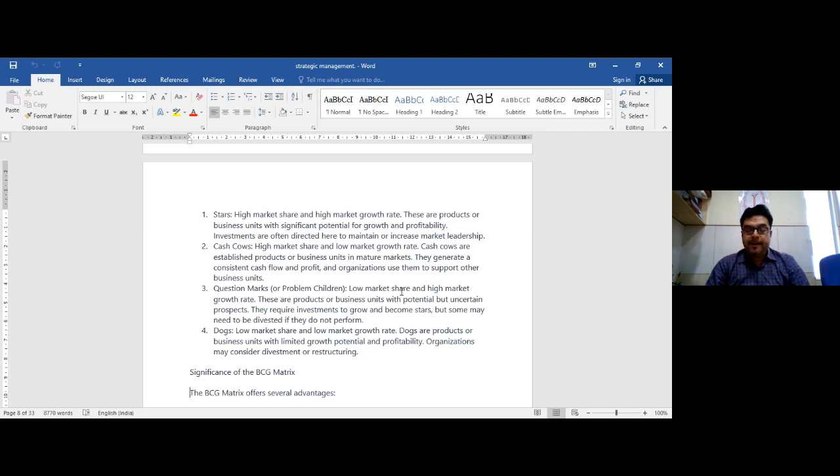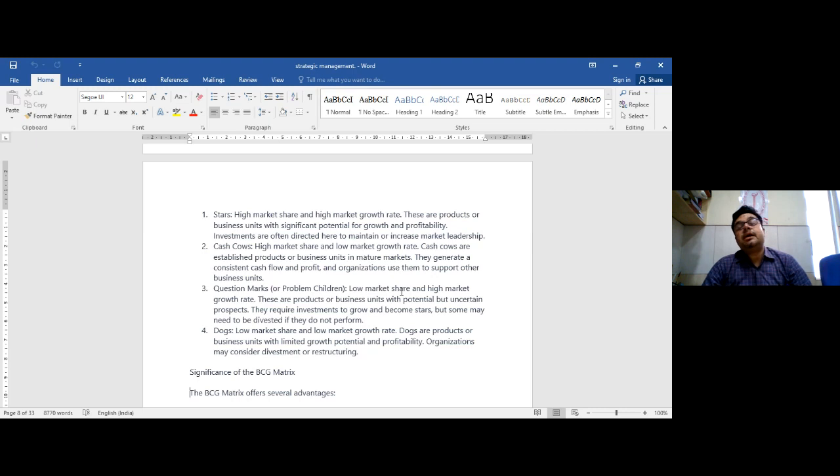What amount of money should we spend on developing costly products, most of which will never be successful? And organizations, there is a term called line pruning and line extension.